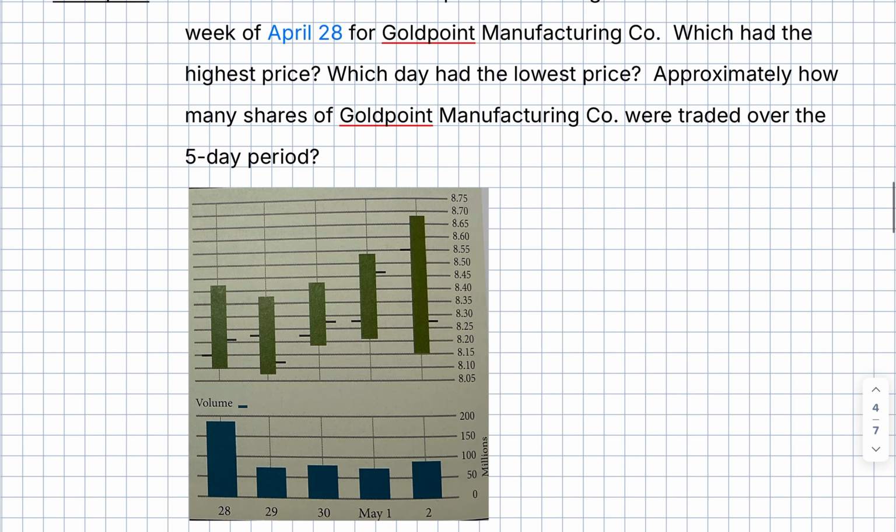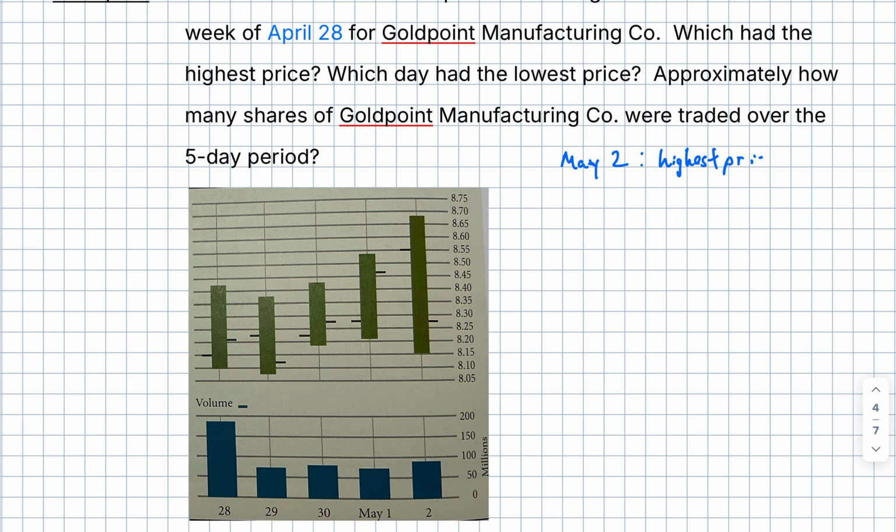Okay, so for the first two questions, which had the highest price, we're going to look at this top part, okay? And you're going to compare these 5 days of trading, and you'll see that the day that had the highest price was on May 2nd. Okay, here's the dates here. So May 2nd had the highest price.